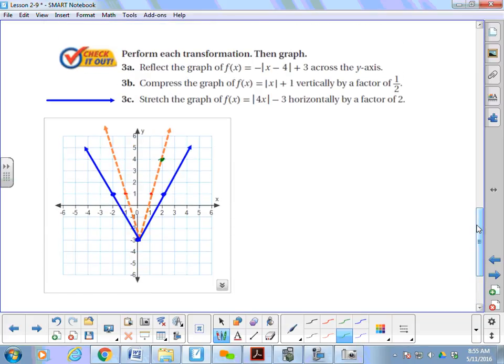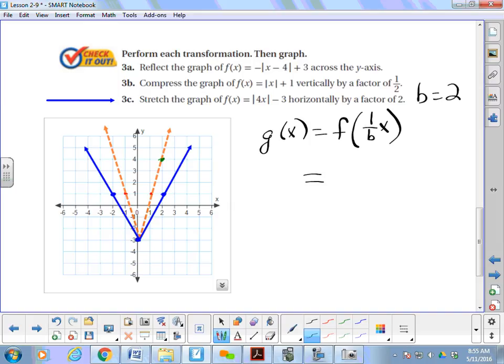Here's the big tricky part, the rule. g of x equals f of 1 over b times x. In this case, because it's a horizontal thing, b is equal to 2. So this becomes the absolute value of 1/2 times 4x minus 3.